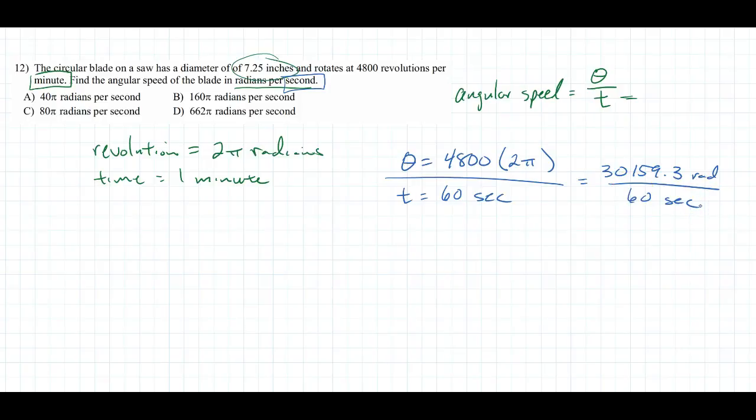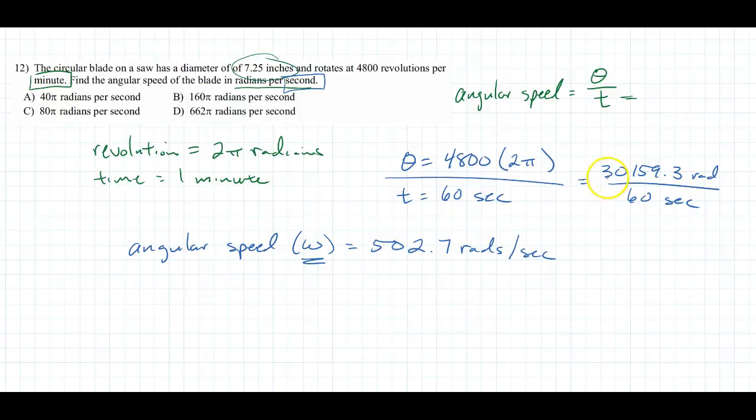So just need to divide those numbers. And my angular speed, which we didn't talk about in class, but we use omega to represent it. So we're going to divide by 60, and we get 502.7 radians per second. And then I look at my answers and I realize that my answer still had a pi in it.